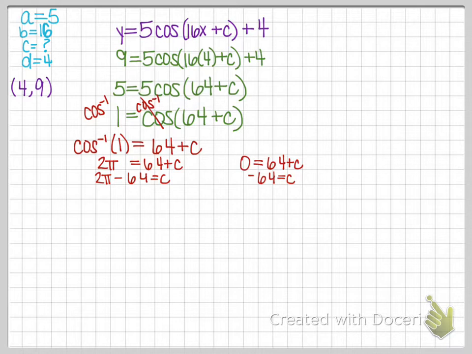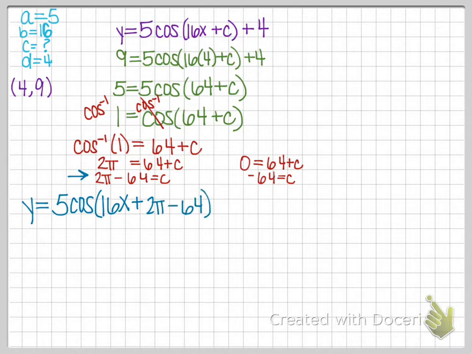So, here's one value for c that I have right here. I could rewrite this as y equals 5 cosine of 16x or theta plus 2 pi minus 64 plus 4. That would be a perfectly valid, beautiful answer.